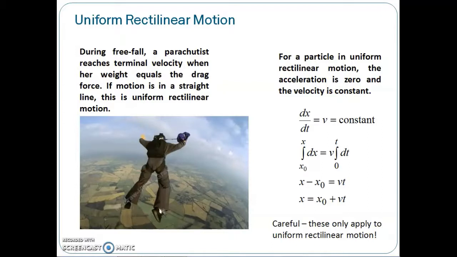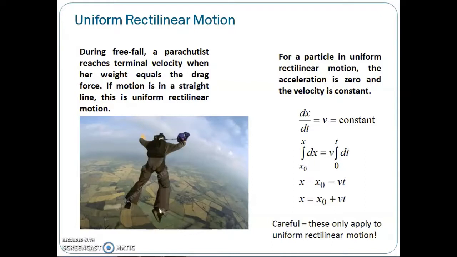So what is uniform rectilinear motion? During a free fall, a parachutist reaches a terminal velocity when her weight equals the drag force. So in this case, if motion is in a straight line, this is a uniform rectilinear motion when the velocity in this case is constant.